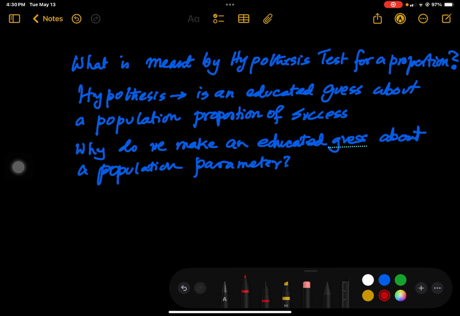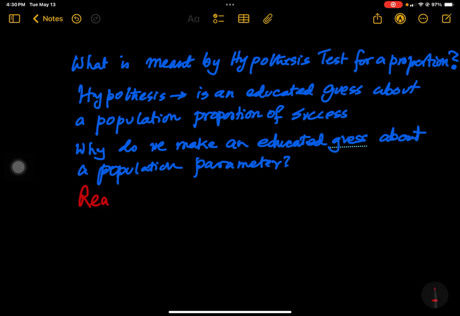Have you ever thought about it? The reason is very simple: it's very difficult to reach the entire population.